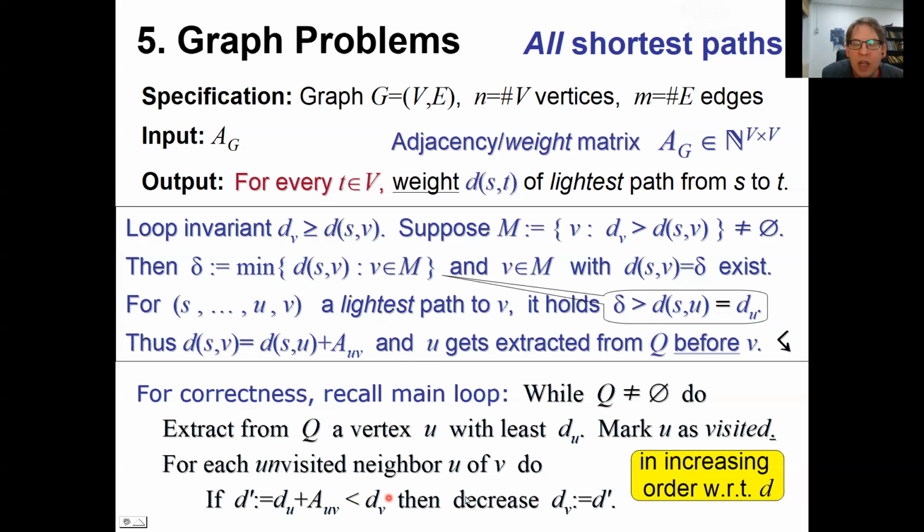Extract the vertex with least key value, and the key value of U is, by our analysis, strictly less than the key value of V. And therefore U gets extracted before V. And then in the next iteration of the innermost loop body, the distance to V will get updated to the correct value, a contradiction to our hypothesis that the distance to V provided by the algorithm will be overestimated.